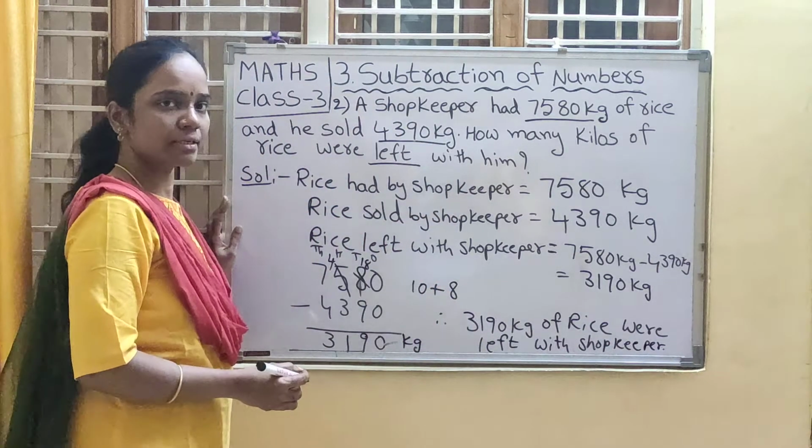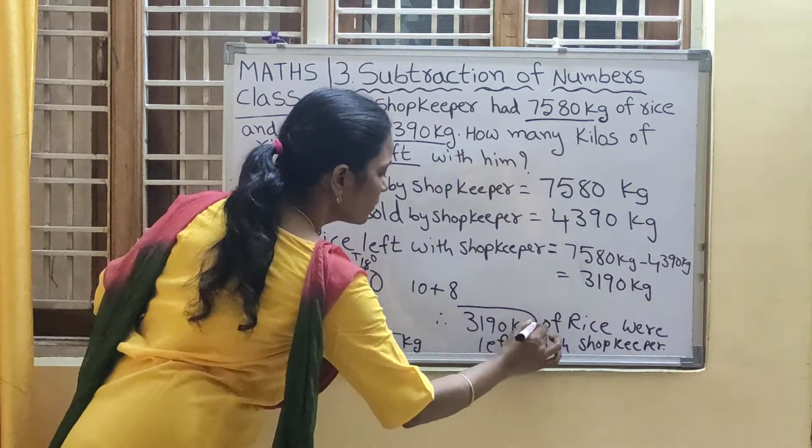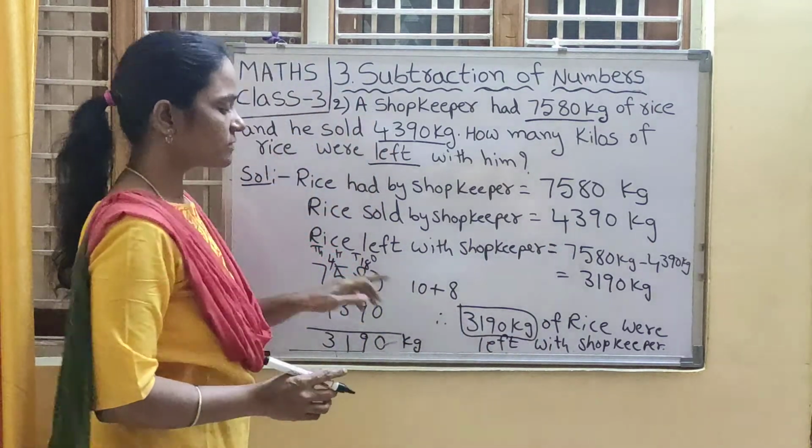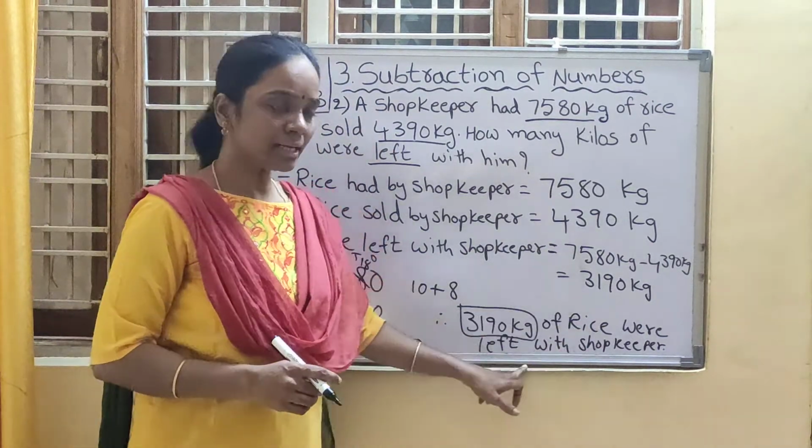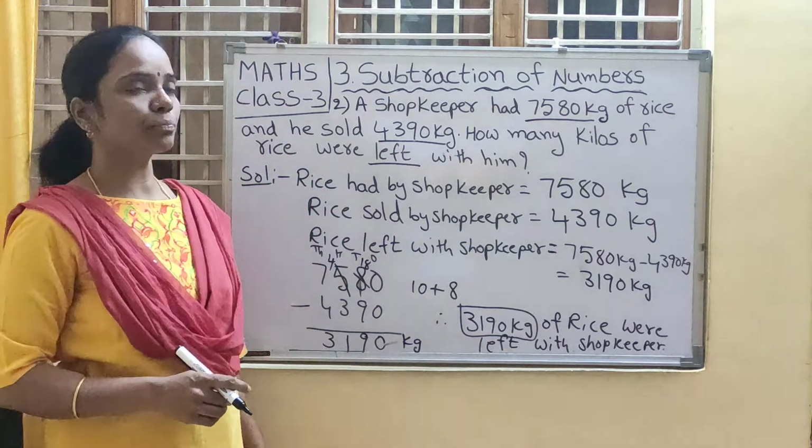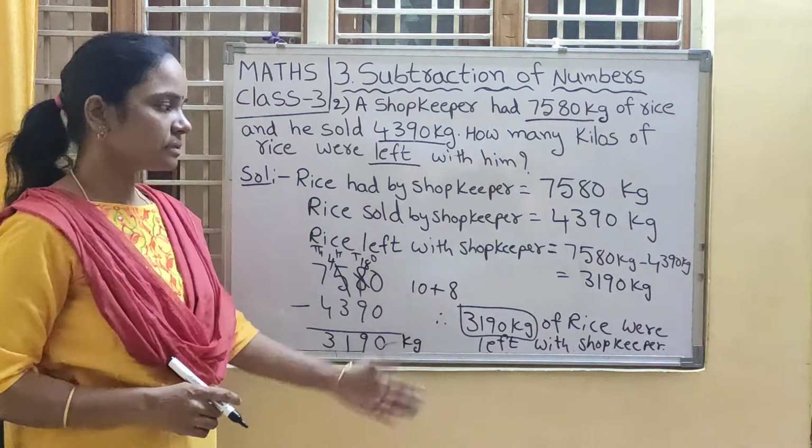Okay, children, have you understood? Highlight the answer. How many kgs? 3,190 kgs of rice were left with the shopkeeper. So this is our answer, children.